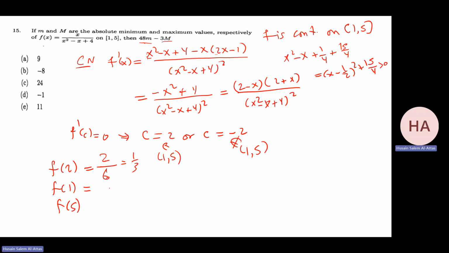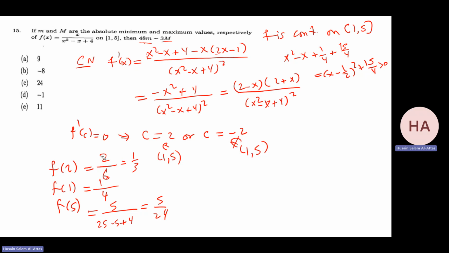F of 1 will be 1 over 1 minus 1 plus 4, that's 1 over 4. F of 5 will be 5 over 25 minus 5 plus 4, that is 5 over 24. Where is the absolute maximum, absolute minimum?